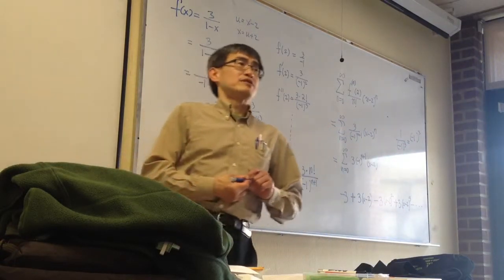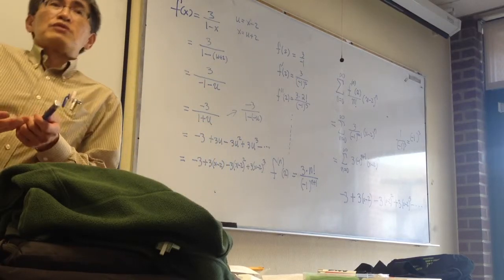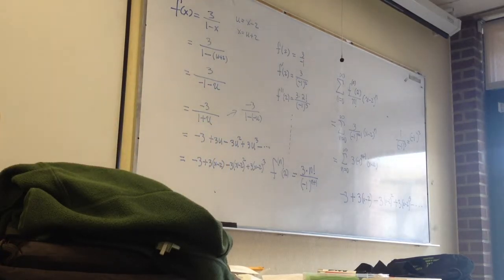So that's what I mean. This is one of those cases where it's possible to take the derivative repeatedly and still manage to get a closed form. Just like sine x and cosine x in the Maclaurin series, if you go from the original definition of Maclaurin series, then that's how you construct it in the first place.